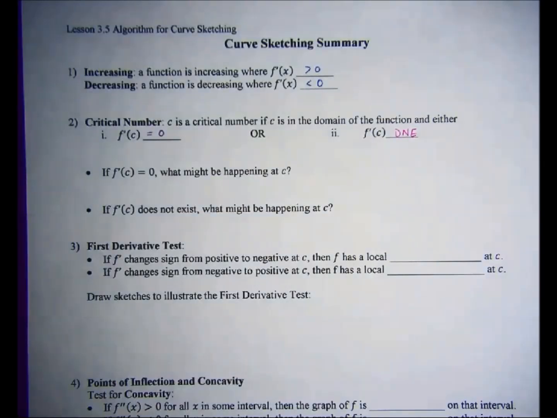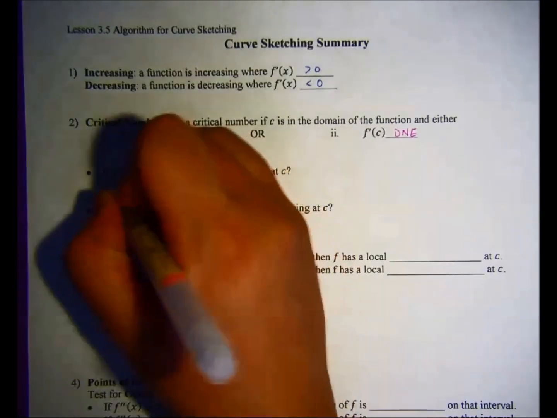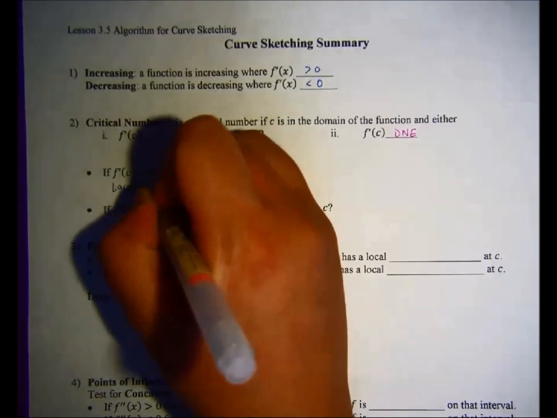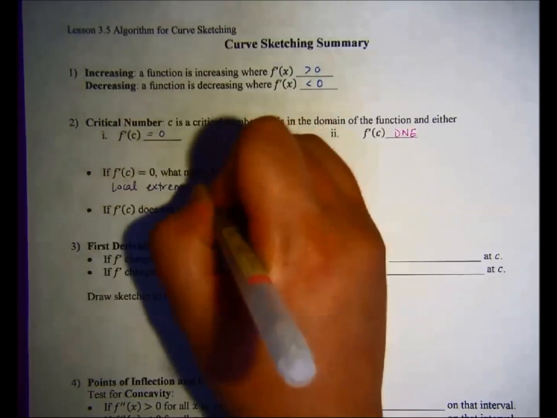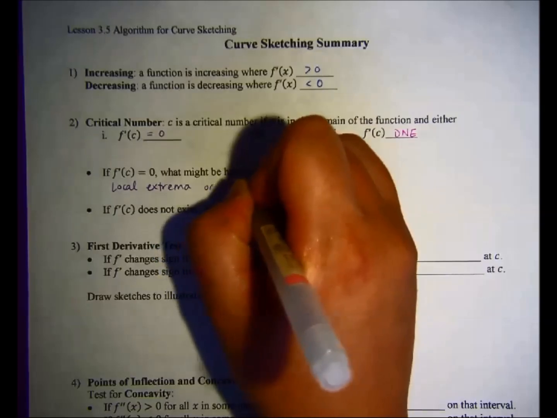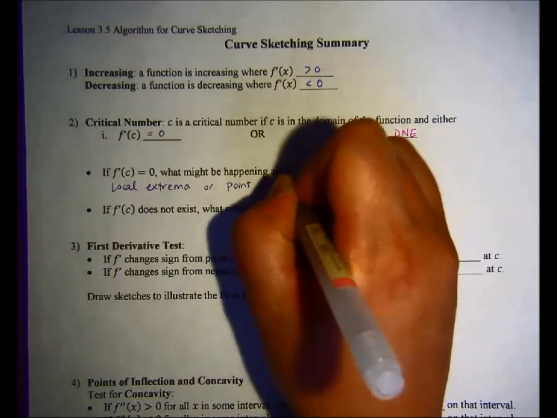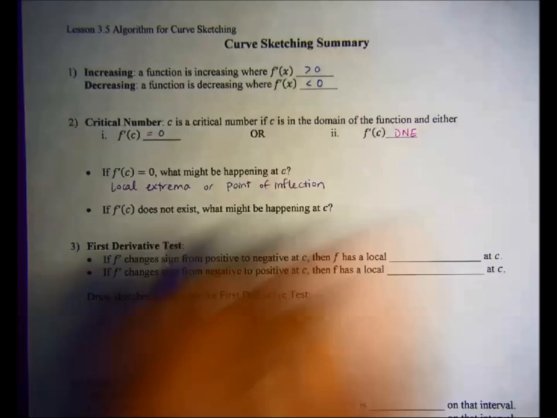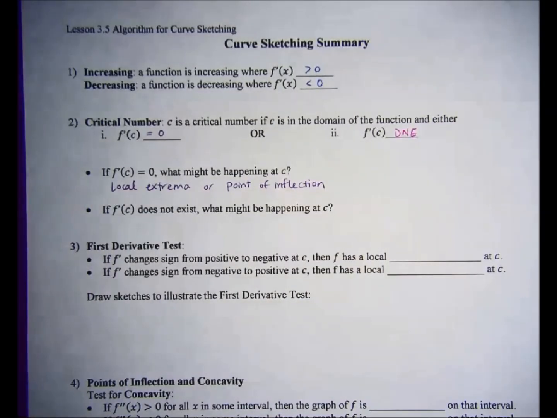If f prime of C is equal to 0, then we might have a local max or min. We could also have a point of inflection. So let me just give you a quick sketch of some examples.